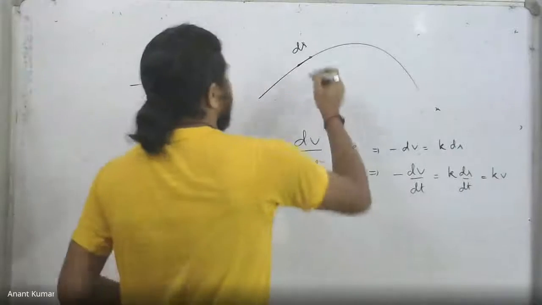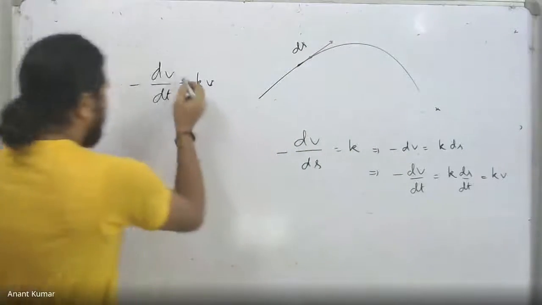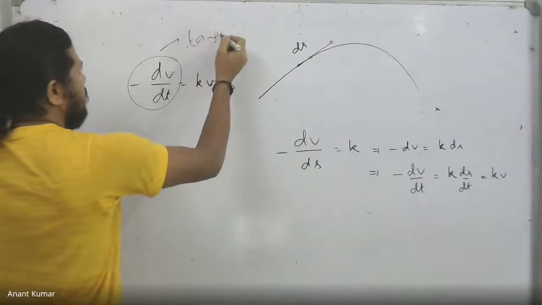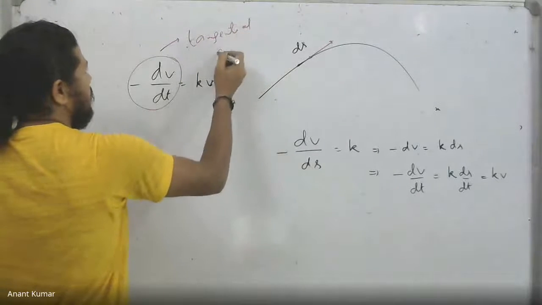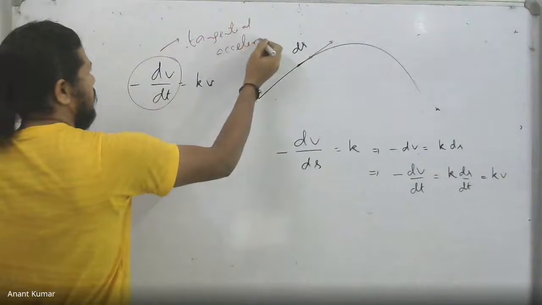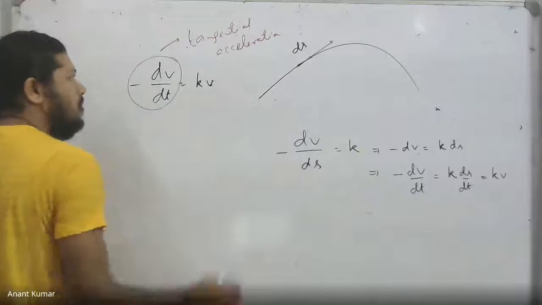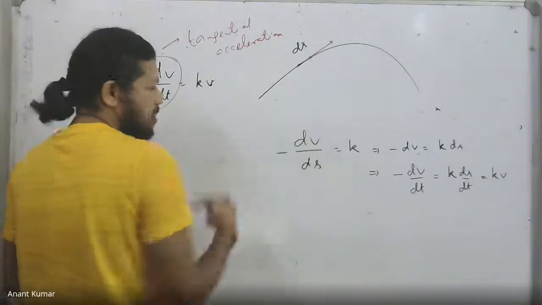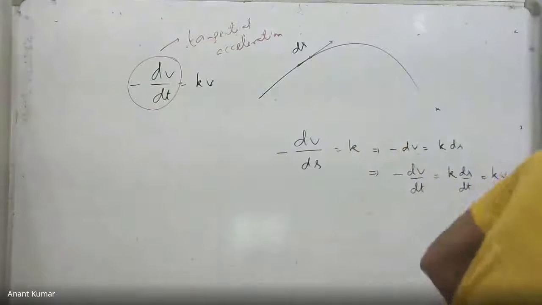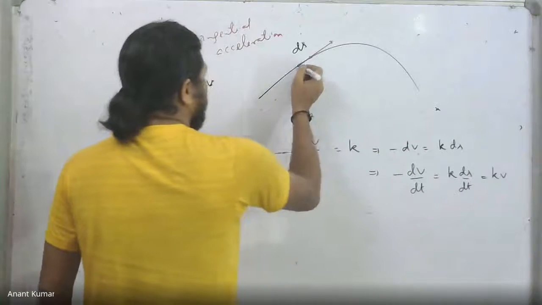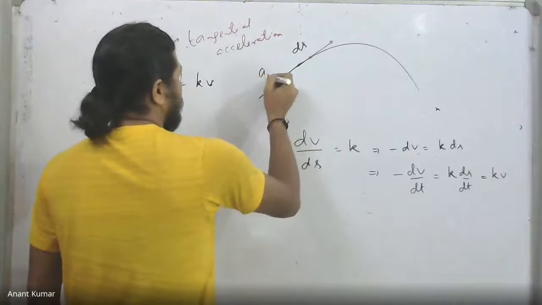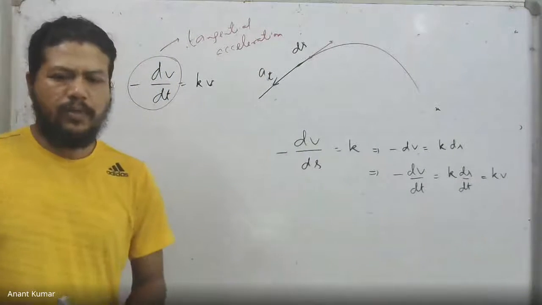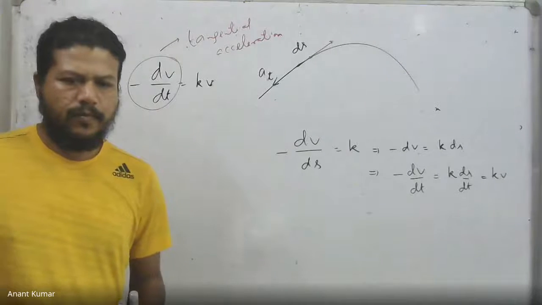As a result, this tangential acceleration is in fact opposite to the velocity. It is going to be pointing this way, in the backward direction, opposite to the path.